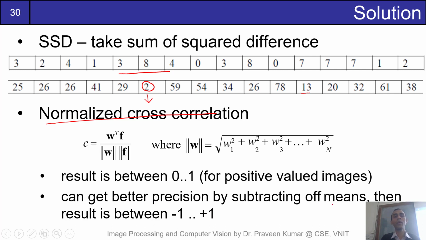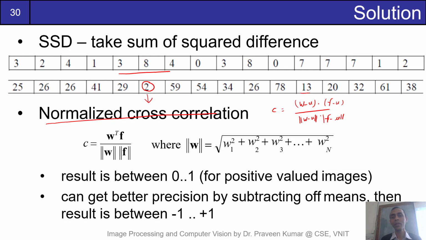If you subtract the mean from both W and f, so you get the correlation as W minus its mean, basically treating it like a vector, and similarly for f, where this is mu, the mean value.